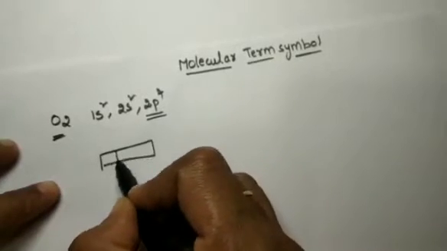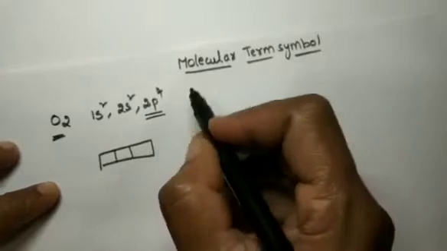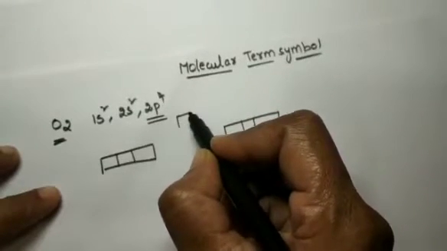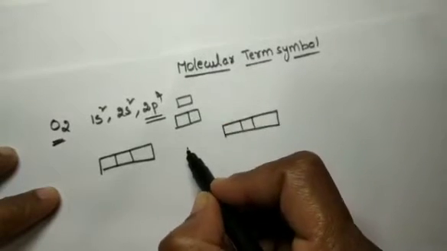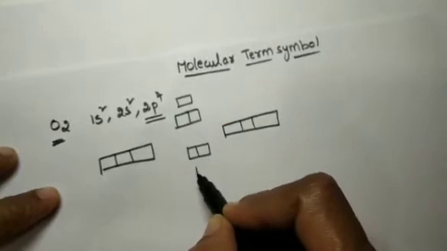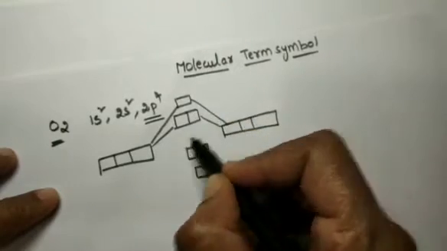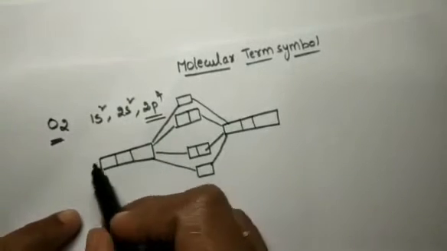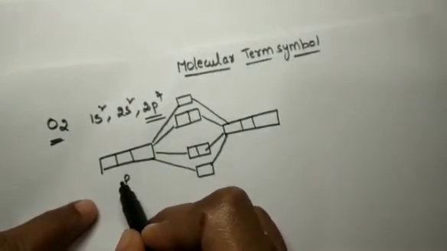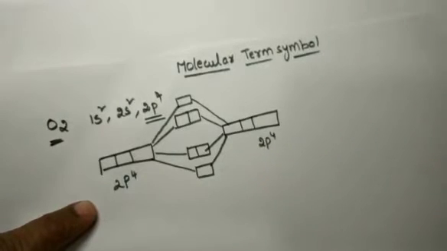If we draw the molecular orbital diagram, the MO diagram, we can take only the p orbitals, 2p4, here also 2p4.